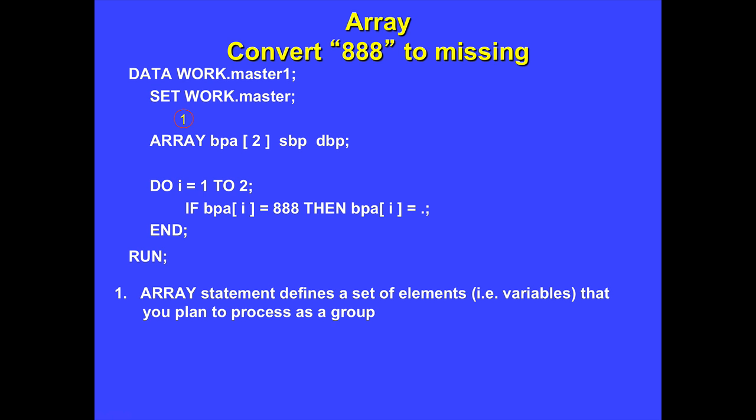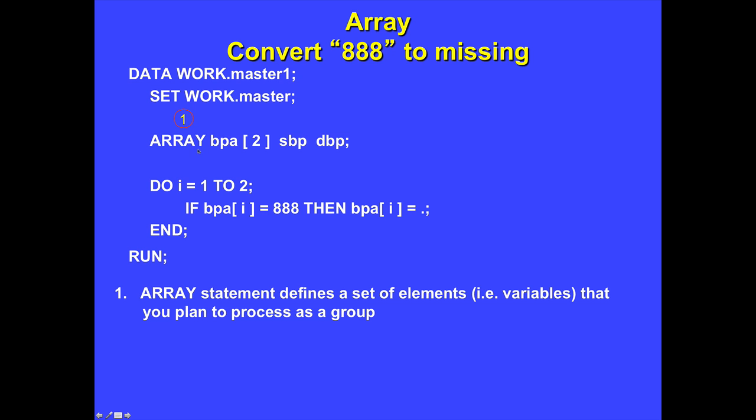So first is the actual array statement. In this particular code, we're using the array statement, and that's simply telling SAS, I want to provide a name for a new array, and I want to define that array by providing some information about it. So the array statement is a SAS keyword.